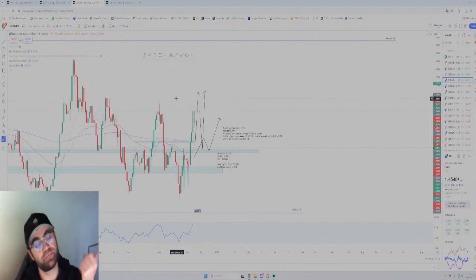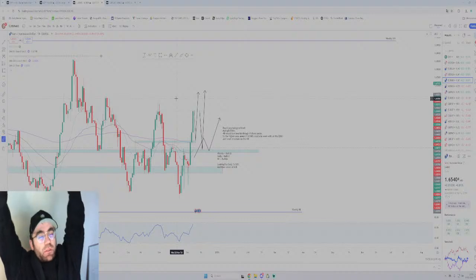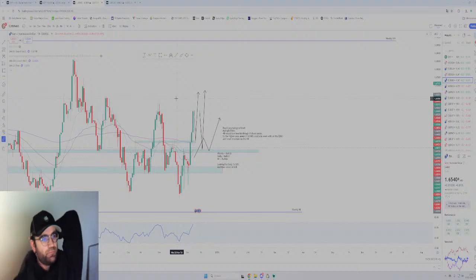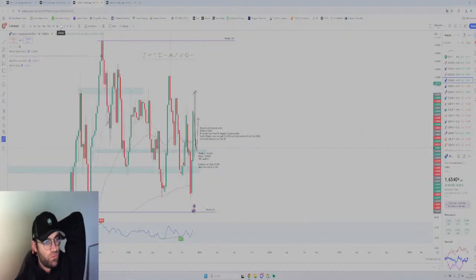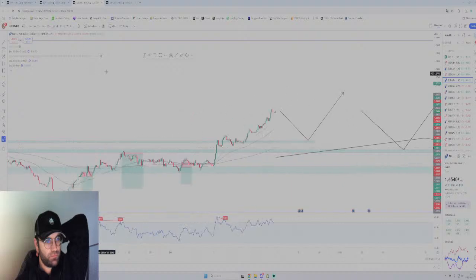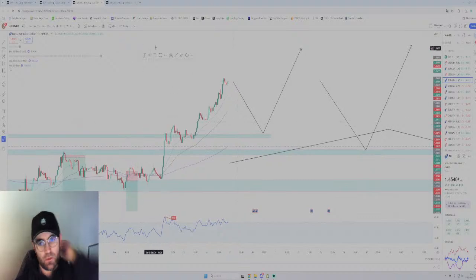I think it will be ready maybe next week, not even this week, to be honest. I see this one potentially being ready by Wednesday, week 3, because the weekly should close bullish. Right. Okay, so that's a nice pair.